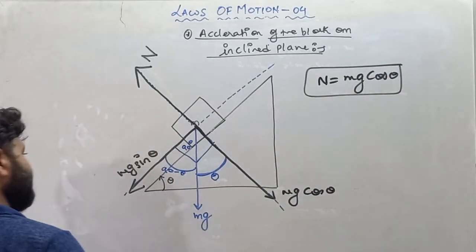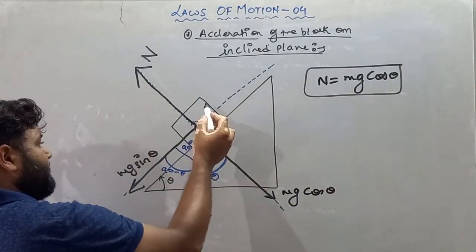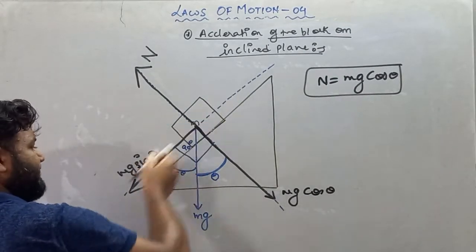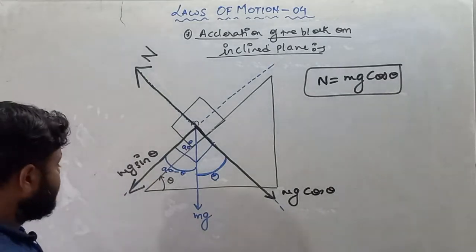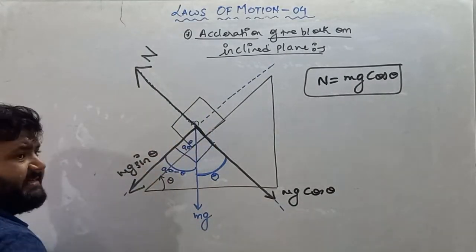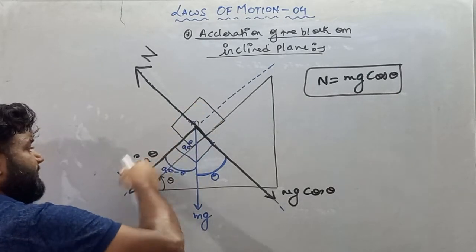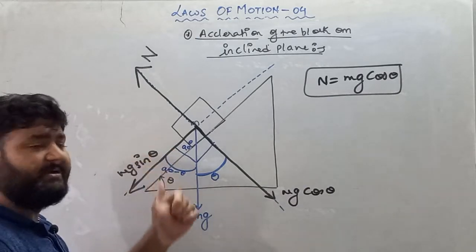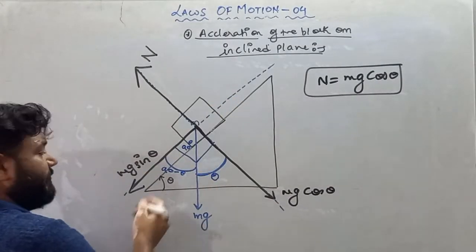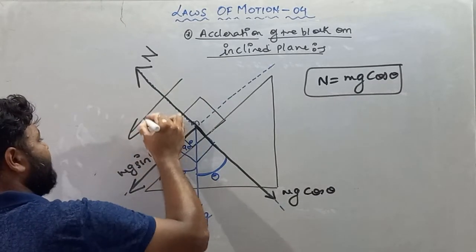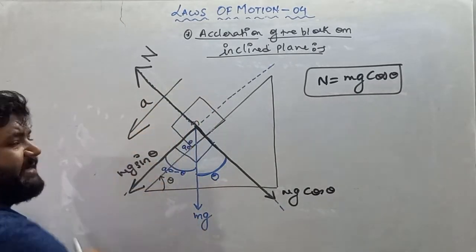Now moving forward, see, this block is having a force in this direction, and this force is nothing but a component of weight. What is it? It is mg sin theta. In the opposite direction, there is no force which will counter this force. So it means the block moves down because one force is in this direction. So the direction of acceleration is in the downward direction.